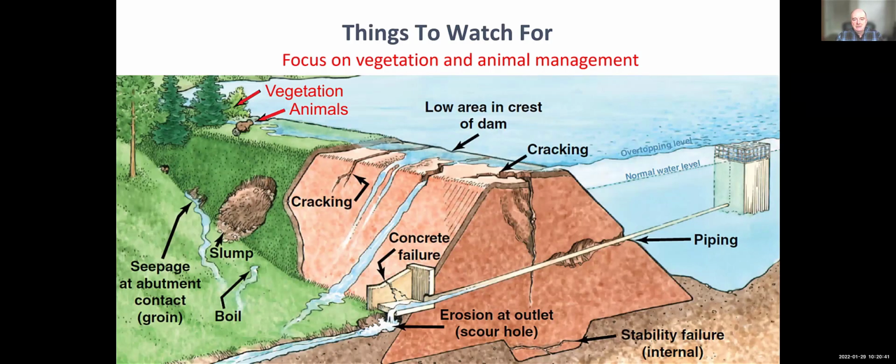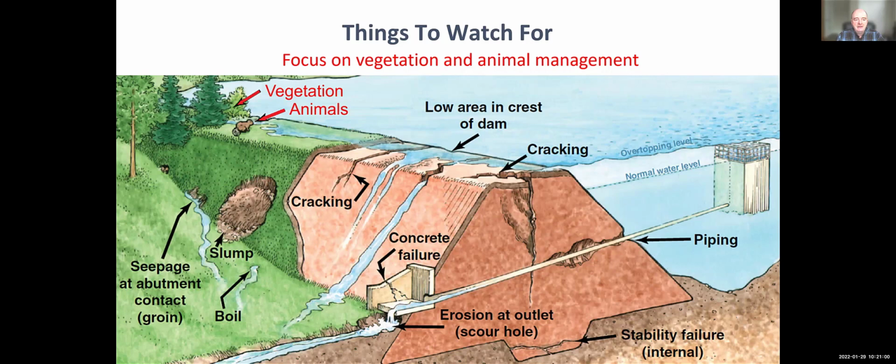So some of the things to watch for, and again, there's a whole 1 or 2 hours of video that we did a year ago focusing on all of these elements, and today we're going to really focus on the vegetation and animal aspects only.